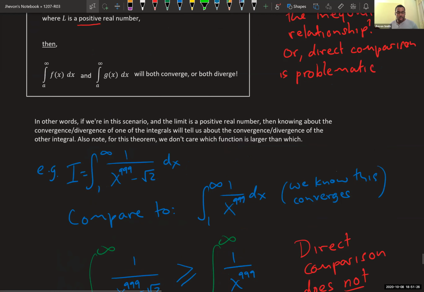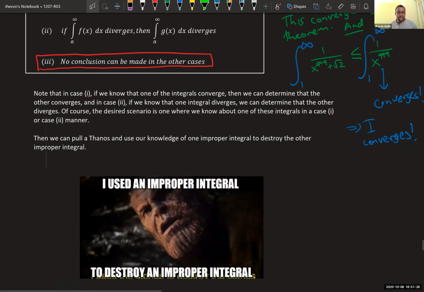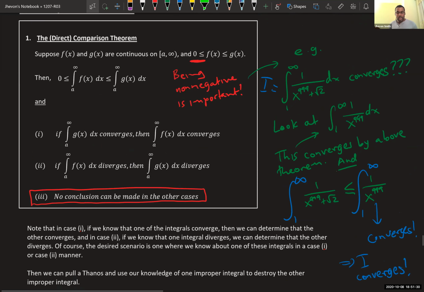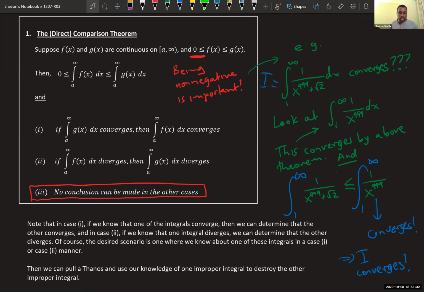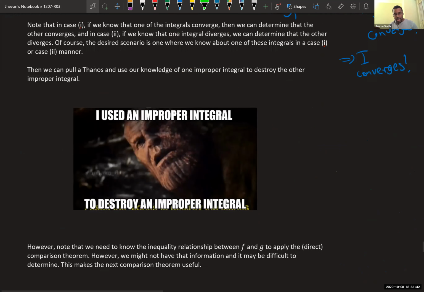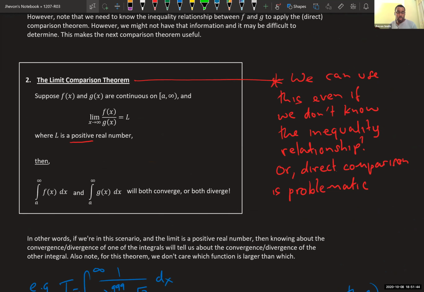And these two are theorems that tell us how we can compare things to easier integrals. If I know the direction in which the inequalities are going, and all the functions are non-negative, I can apply the direct comparison theorem in two specific scenarios. If I don't have that, then the limit comparison theorem can probably help me out.